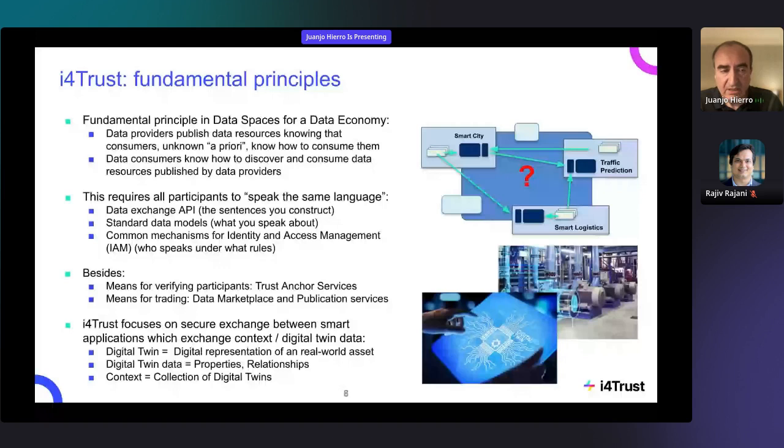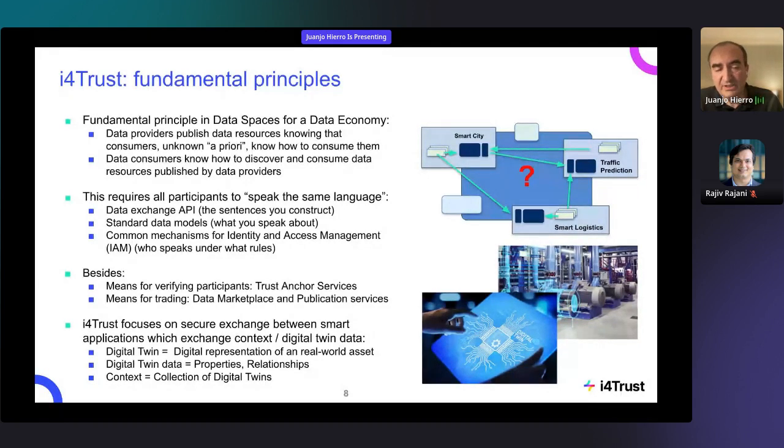A bit of an insight, an overview of the fundamental principles adopted in i4Trust in the vision of how data spaces should be created: in any data space there is a fundamental element, that data consumers and data service providers are decoupled.